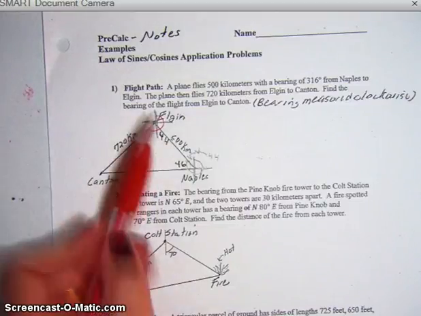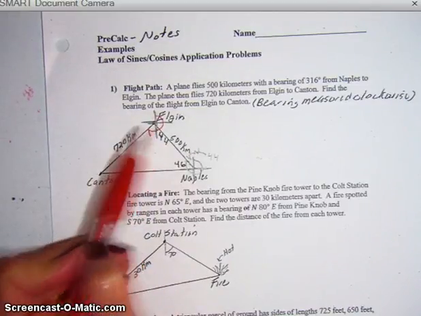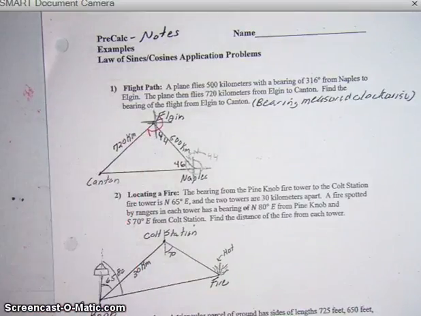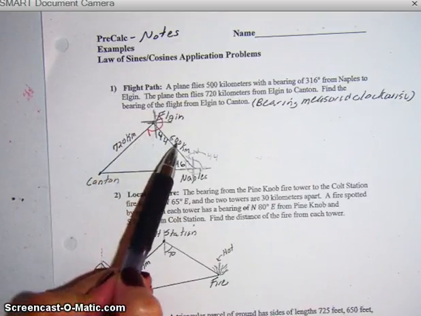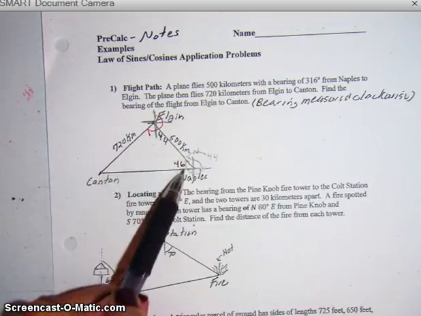We already know from here to here is 180, right, guys? So we just really have to find this little piece right here, don't we? Okay, so let's see what we're given. We are given side, side, angle. If we read it clockwise, side, side, angle.